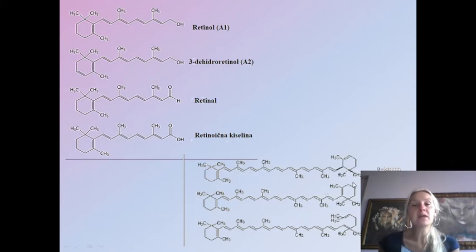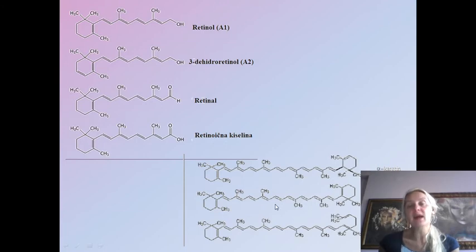We have three major types of carotenes: alpha carotene, beta carotene, and gamma carotene. If you take a look at the structure of those carotenes or provitamins A, we can see that they also have ionone rings and an 18-carbon-atom isoprenoid chain between them. By cleavage of the middle double bond, we can get active vitamin A.